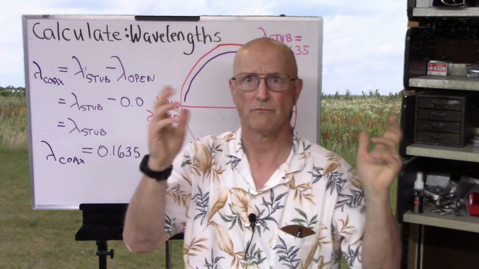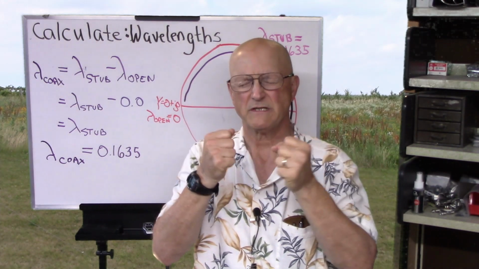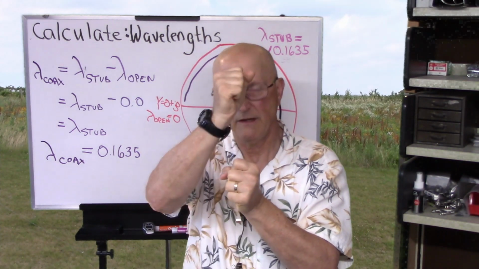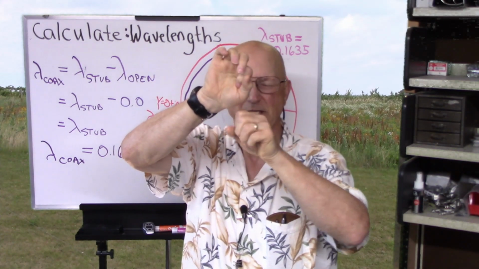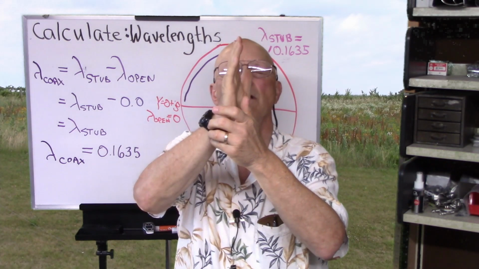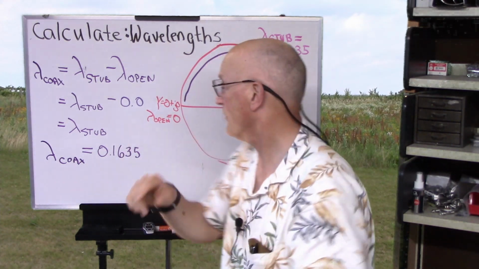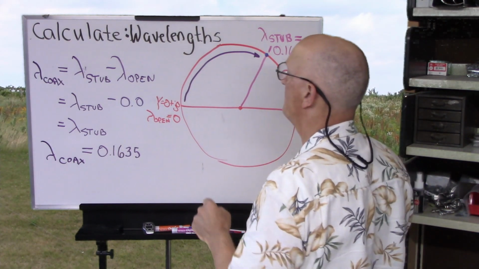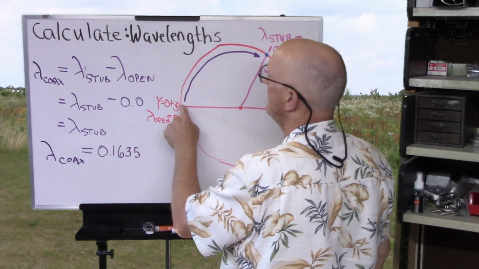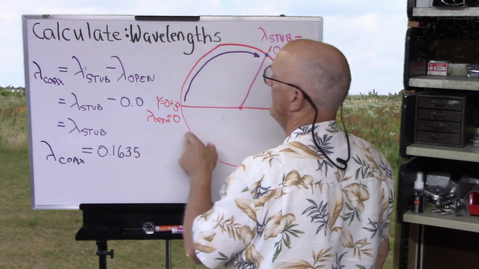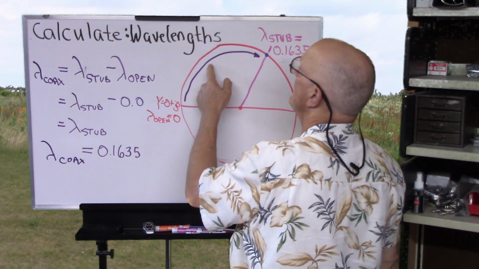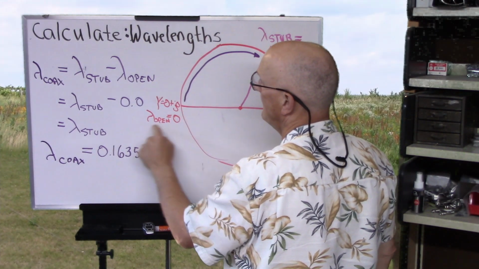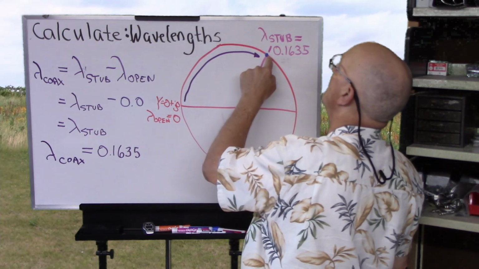We're standing there at the open end of that stub, and we're moving toward the T. So we're moving toward the generator. We're going to be going clockwise around the Smith chart. The open is over here on the left, and so we are moving in the clockwise direction from y equals 0 plus j0, the open, and we're coming to here.